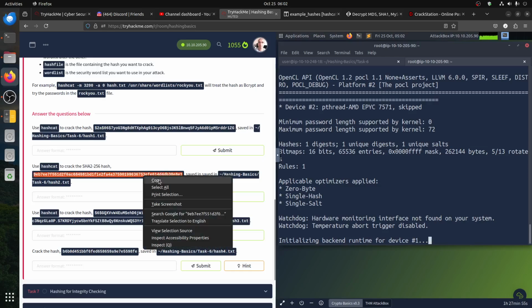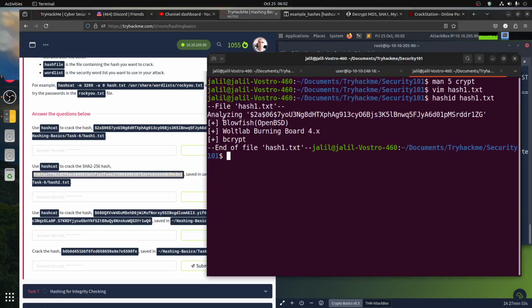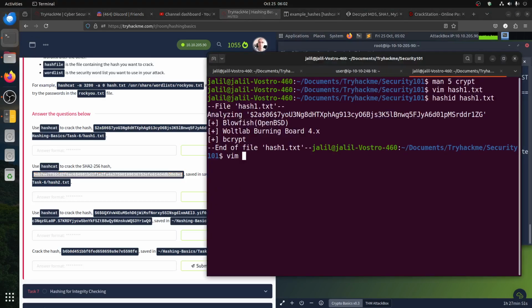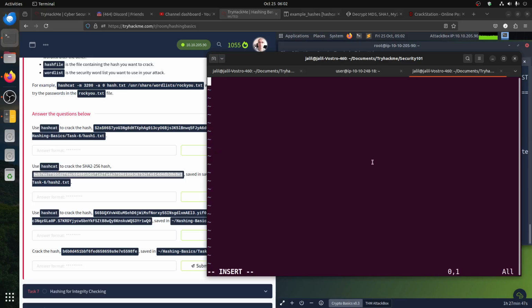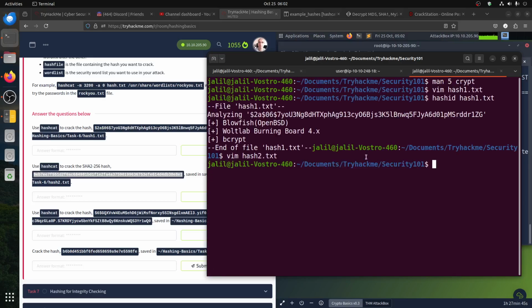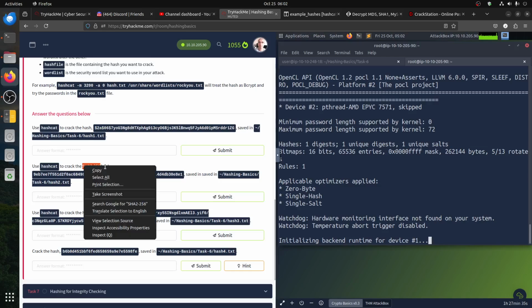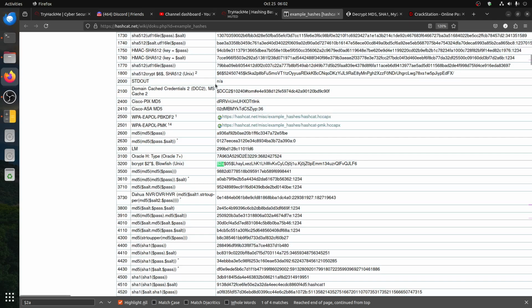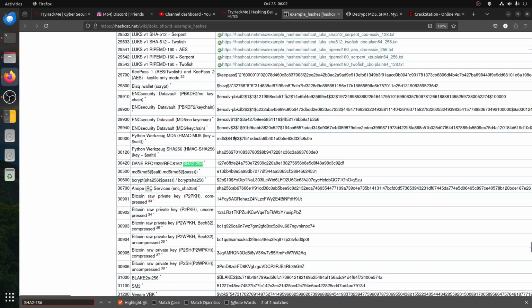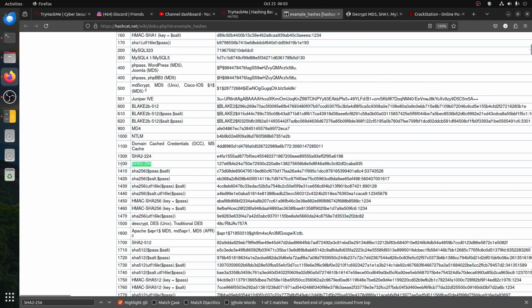Okay, let me use my machine for this. Vim hash2.txt. Now, what's the number for SHA-256? No, that one is not SHA-256. It's 1400.